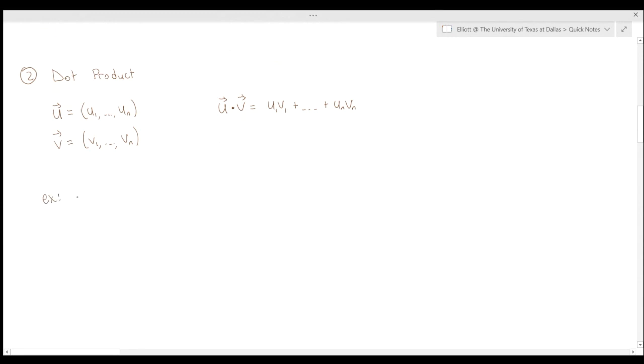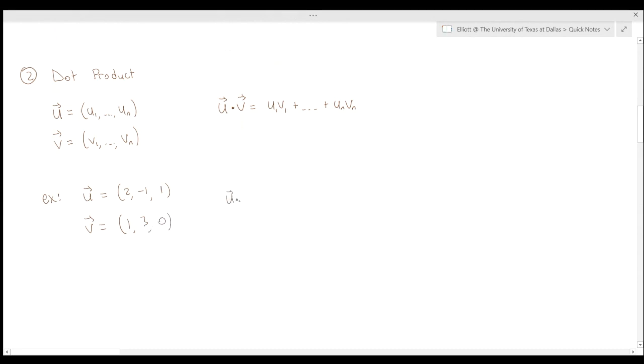So let's just illustrate with a very quick example. Let's say u is the vector 2, -1, 1, and v is the vector 1, 3, 0.